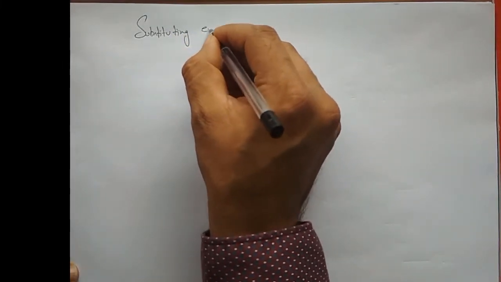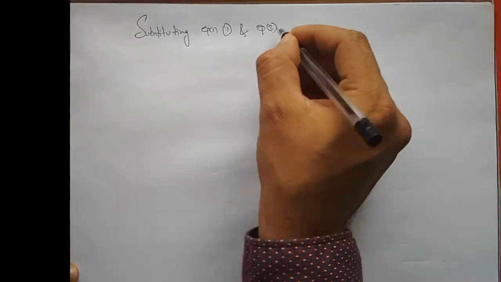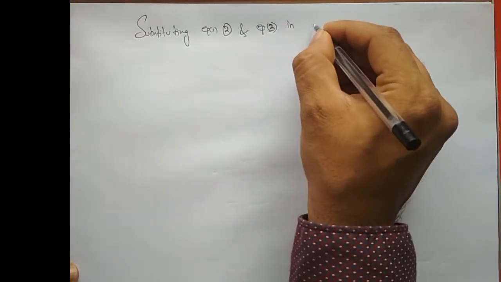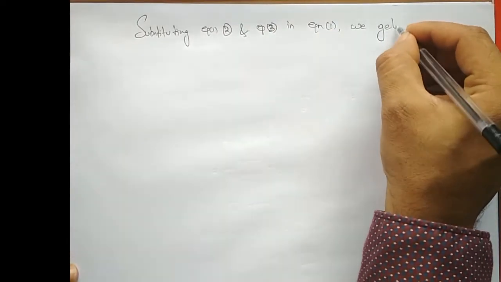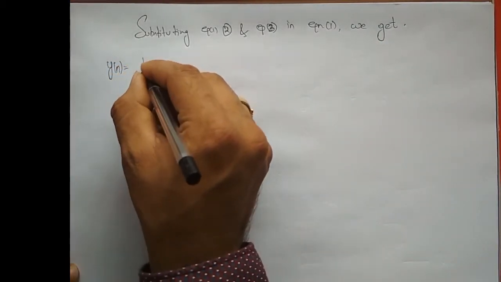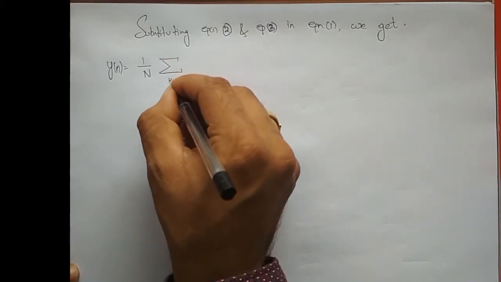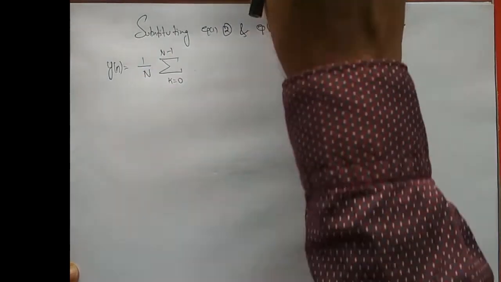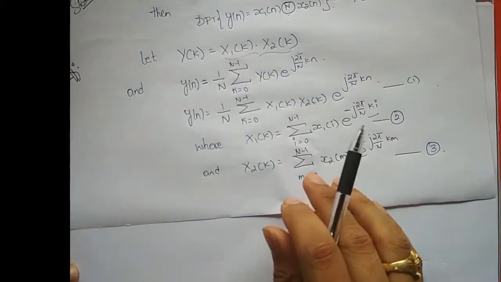Substituting equation 2 and equation 3 in equation 1, we get y of n is equal to 1 by N into summation k varying from 0 to N minus 1. We had X1 of k, but what is X1 of k? X1 of k is this equation.